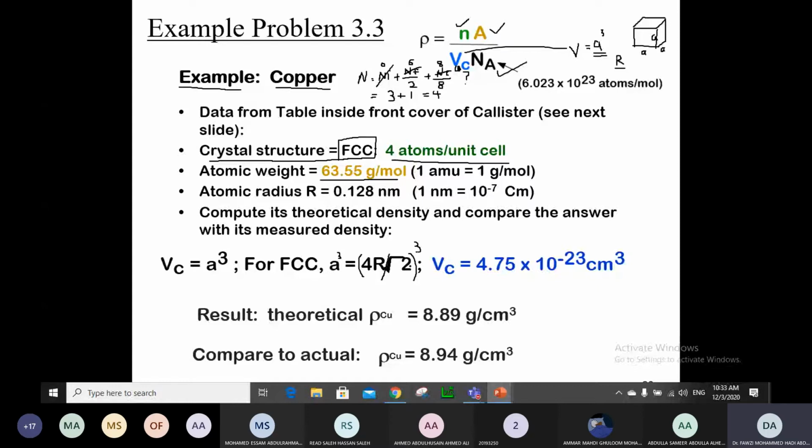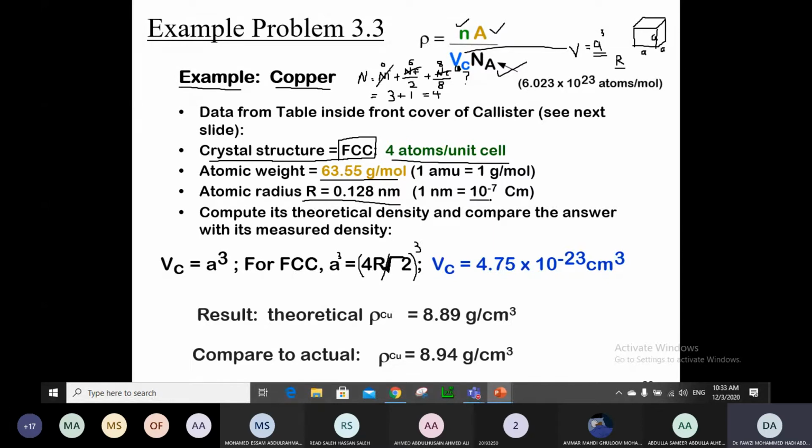Since we have R, which is equal to 0.128 nanometer, and since we normally get the density in grams per centimeter cubed, we can convert this to centimeters. One nanometer is equal to 1 times 10 to the minus 9 meter, which is equal to 1 times 10 to the minus 7 centimeter.